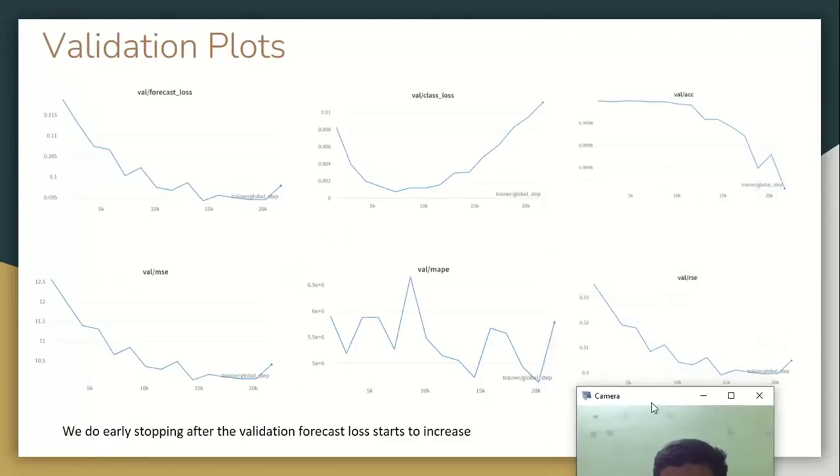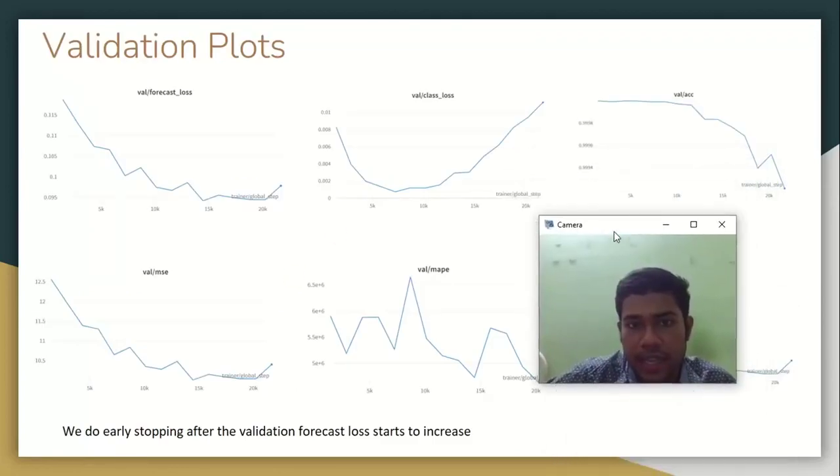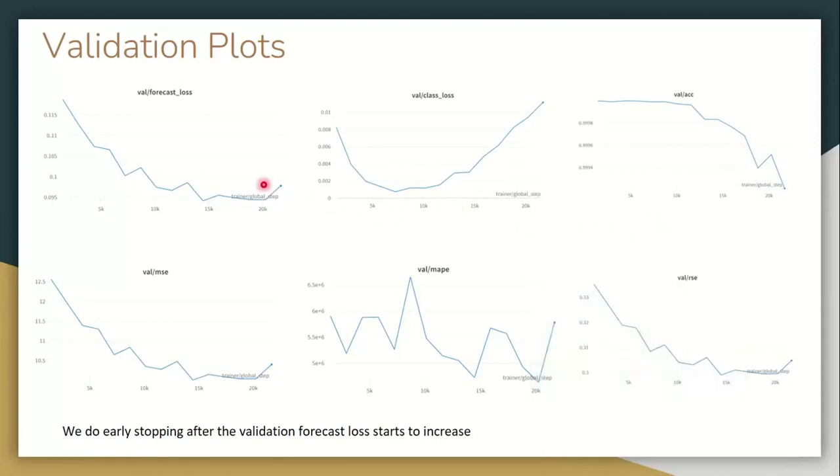And these are some plots which I am using for showing how validation varies with the time steps. We can see that the forecast loss is decreasing, the class loss decreases, and then it increases after some time. We are basically optimizing the forecast loss metric.